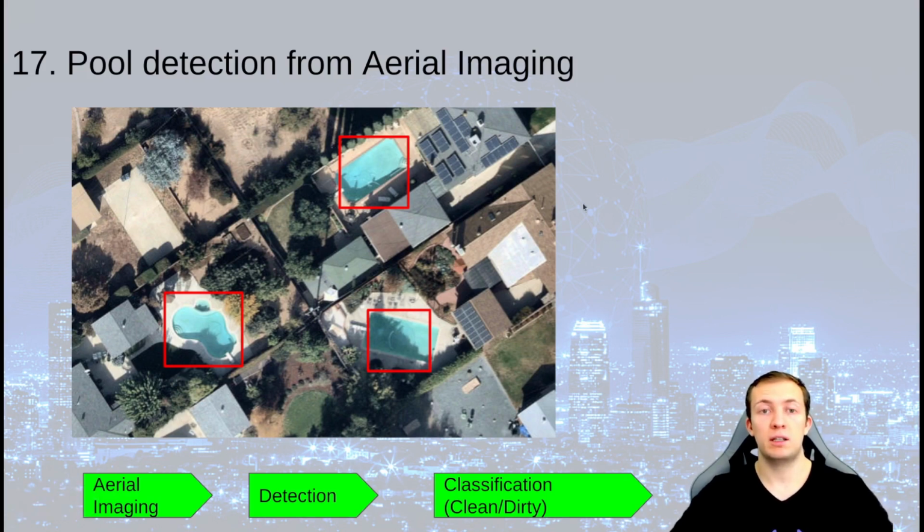Then we can match those pools with our database of registered pools and find out if some pools were constructed and not registered. We can go one step further and try to classify if the state of the pool is clean or dirty. That will help us to create a safer environment for our neighbors and the cities.